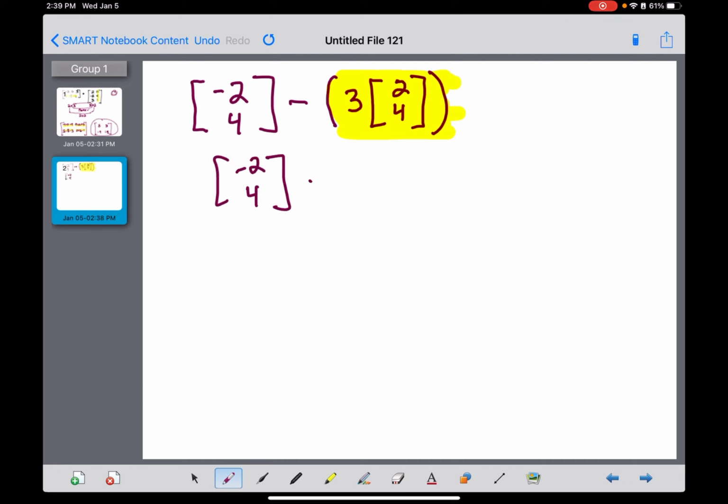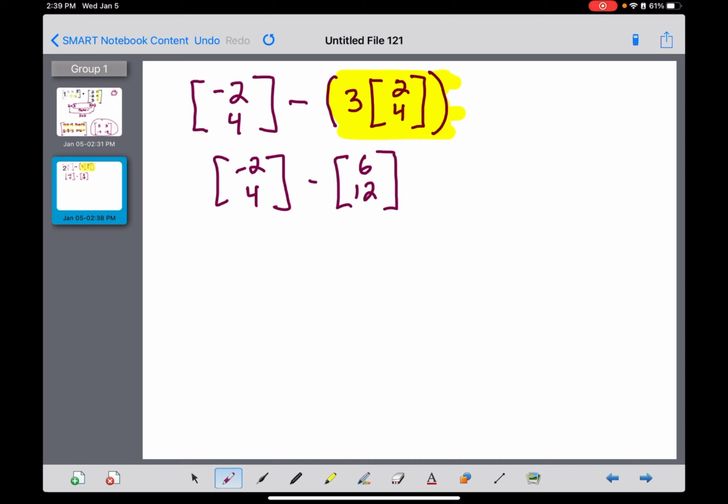I'm leaving that alone. Same thing with the minus symbol. However, I'm scaling the matrix 2, 4 up by 3. When we did that, we said we took each element times 3. So now 3 with the matrix 2, 4 becomes the matrix 6, 12.